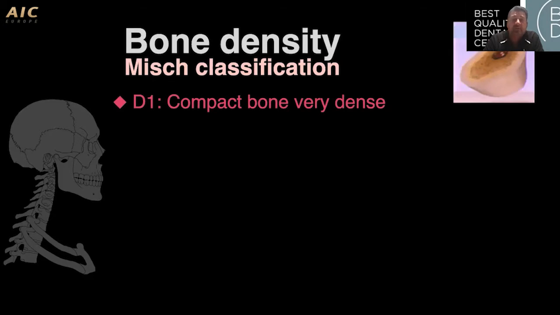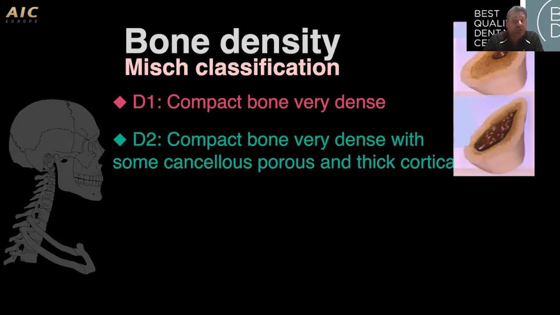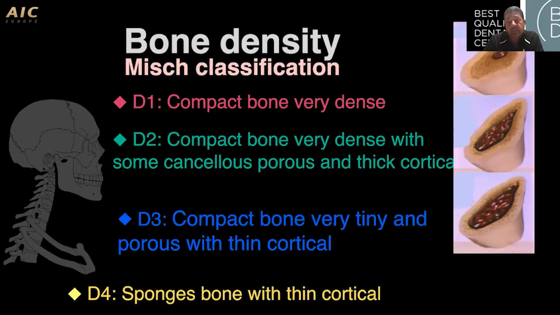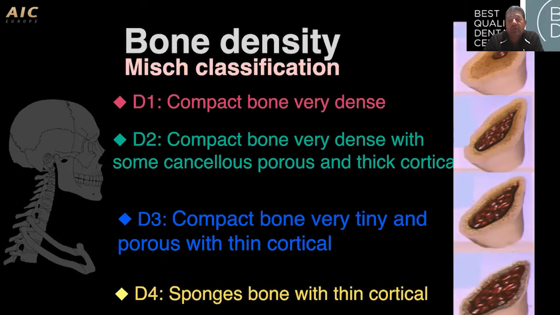The D1 is compact bone, very dense. The D2 is compact bone, very dense, with some cancellous, porous bone and thick cortical. D3 is compact bone, very tiny and porous, with thin cortical. And D4 is spongy bone with thin cortical. This is very, very important to keep in mind always.